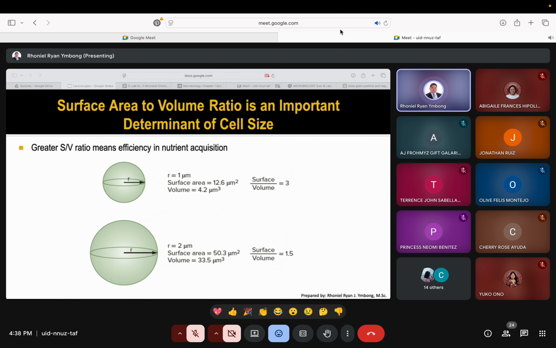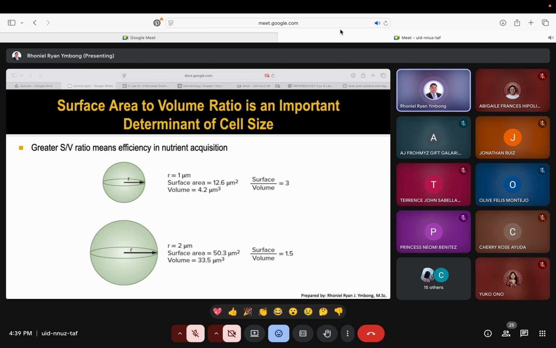The cell size of the bacterial cell has something to do with the surface area to volume ratio. This is an indicator for your bacterial cell that the nutrient acquisition and assimilation from the environment is quite efficient. If there is an increase in the S over V ratio, that would also mean an efficiency in nutrient acquisition.